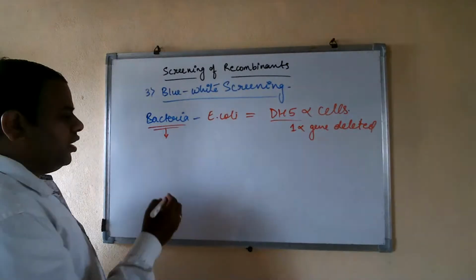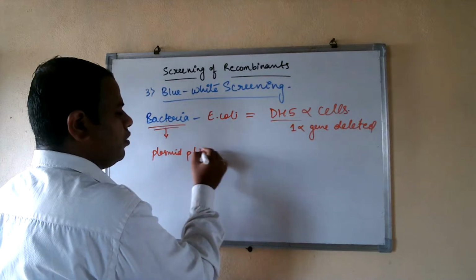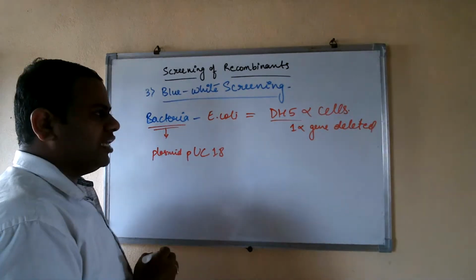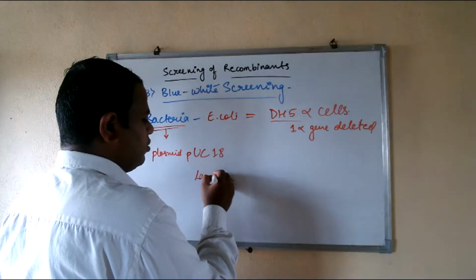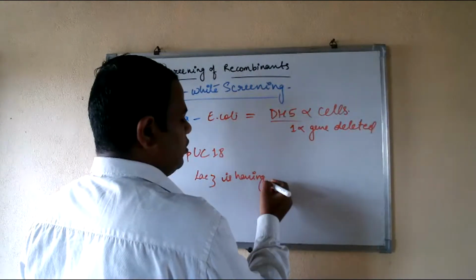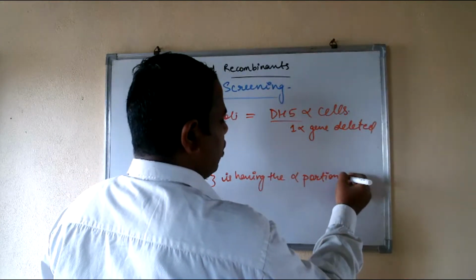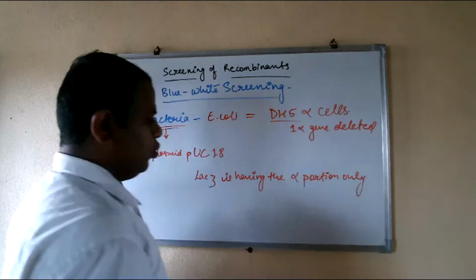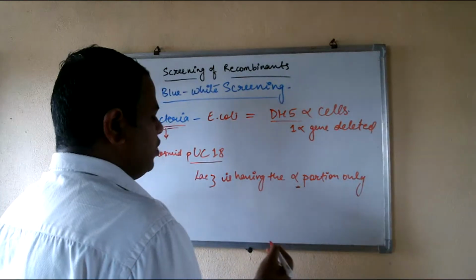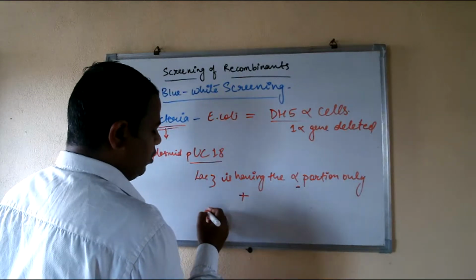Here the plasmid used is pUC18, that is plasmid University of California. What is done in this plasmid? The lacZ gene that is present in pUC18 has the alpha portion only. So along with this alpha portion, you are adding your fragment.